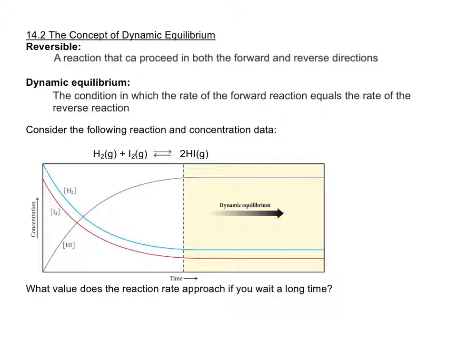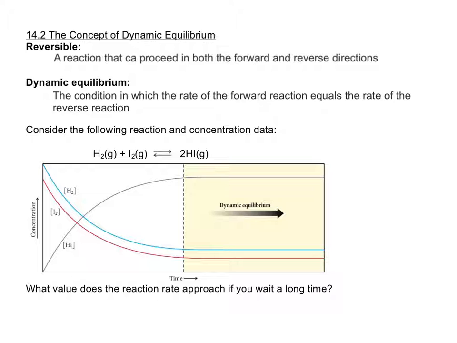So if we look at this graph here that I've shown, the concentration of the products is increasing as time goes forward, and the concentration of our reactants is decreasing as time moves forward. And at a certain point in time, if we wait long enough, those concentrations appear to stop changing. So it looks like the reaction is done.